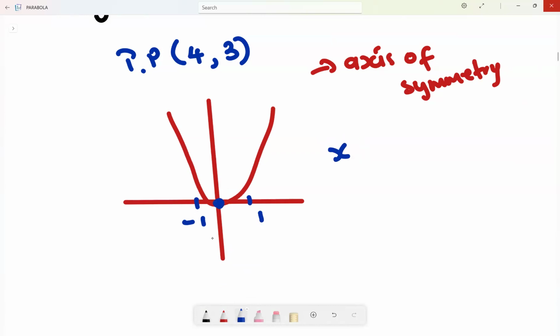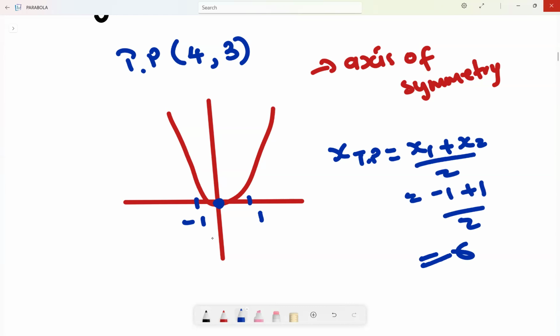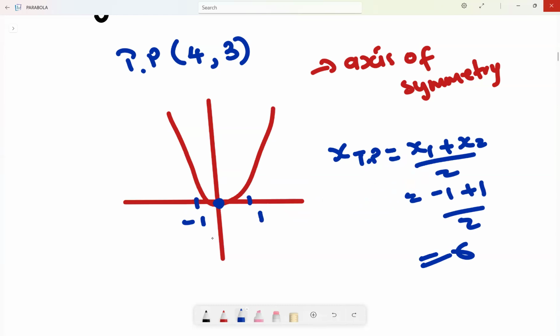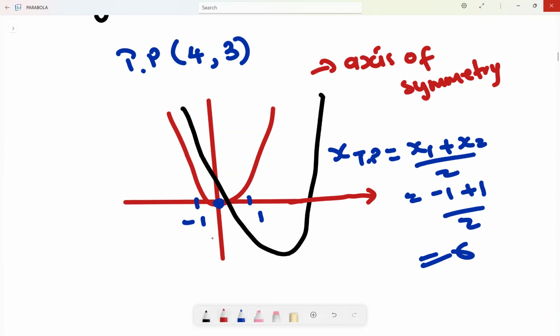The x coordinate of the turning point is going to be what? x1 plus x2 divided by 2, which becomes negative 1 plus 1 divided by 2, which gives us what? 0. And can you see that it is 0 here? Yes. So I want you to take that into account. Even if our graph were to shift and be like this, and then they now say to you, this value here is 3, and this value here is 1. Okay, let me erase this.